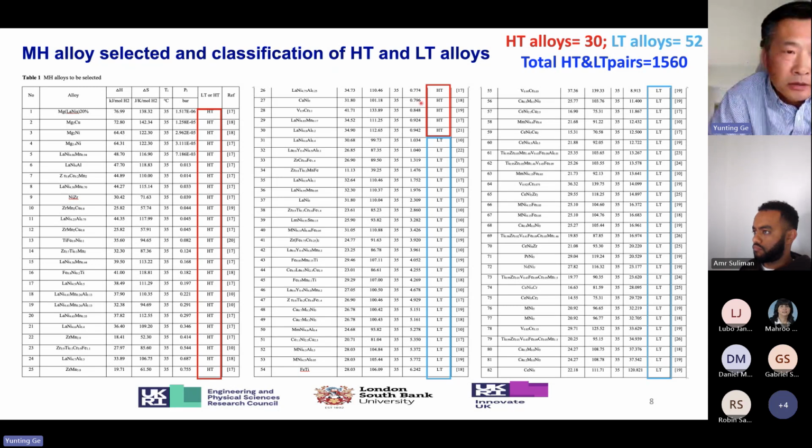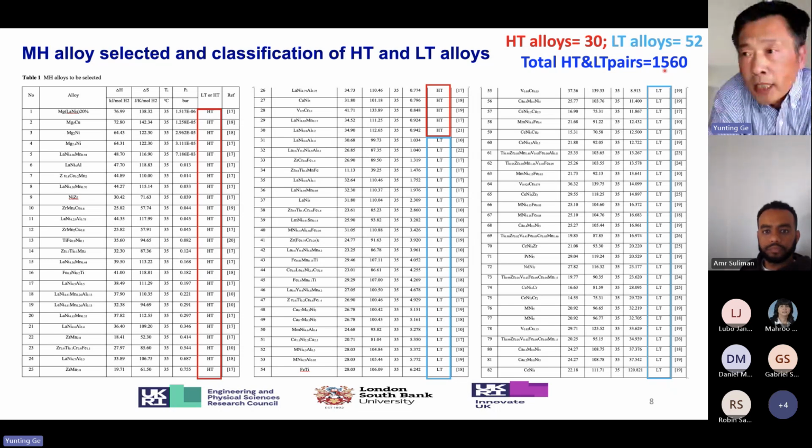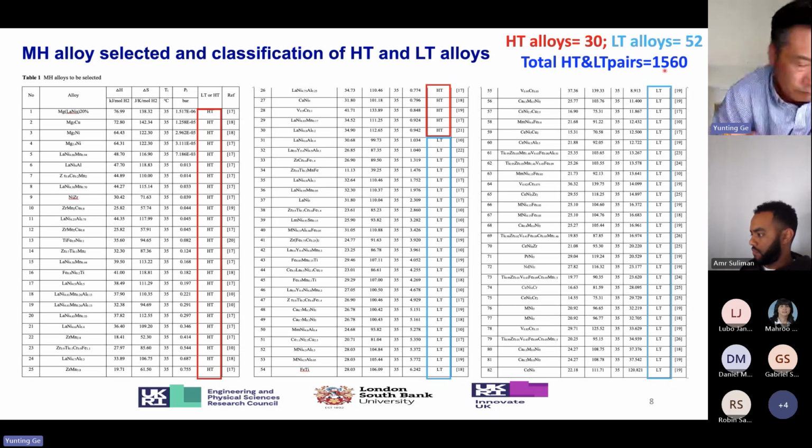alloys. Each high temperature alloy can be paired with one low temperature alloy. Together we can form about 1,560 high temperature and low temperature pairs, which can be used for the metal hydride heat pump system.